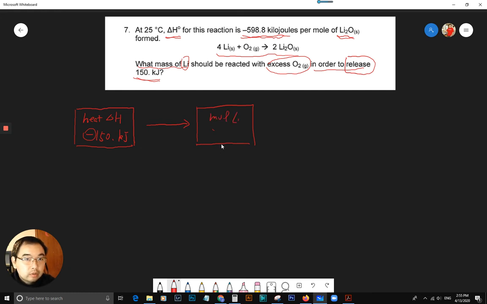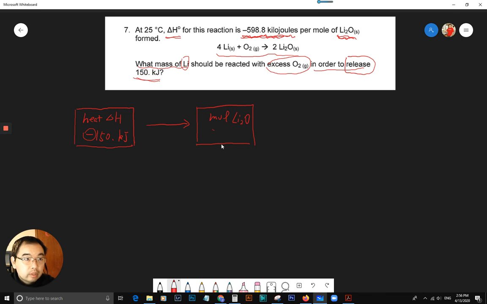Okay, once we have the heat, then we're going to convert the heat to the mole of the lithium oxide. Why we convert that to mole of the lithium oxide? Because we know there is the relationship between the heat and the mole of the lithium oxide. So we can directly calculate that.